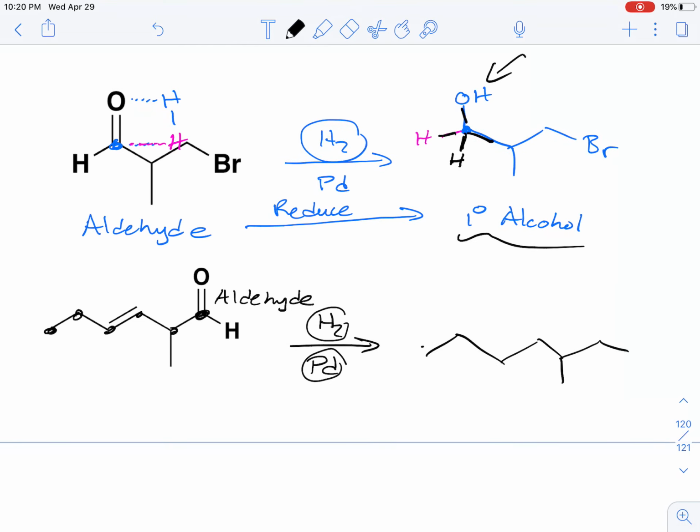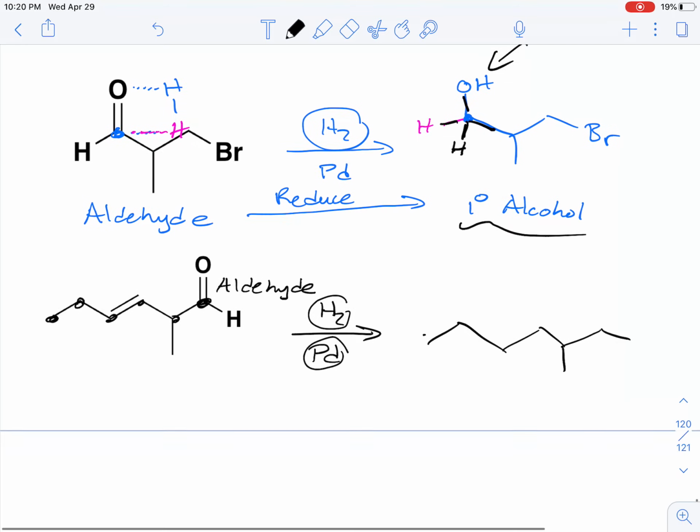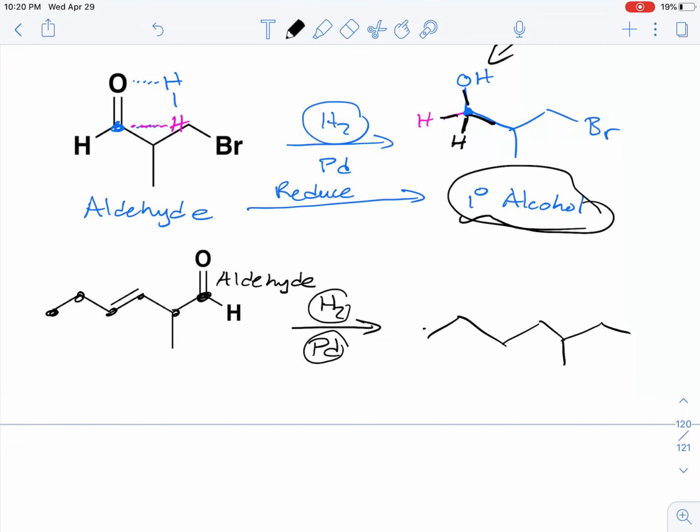All right, so since I'm going to produce a primary alcohol, that last line connects to the original hydrogen that was on the aldehyde before the reduction reaction occurred. And so wherever that oxygen was, it now gets converted into a hydrogen. I'm sorry, not a hydrogen, but a hydroxyl group.